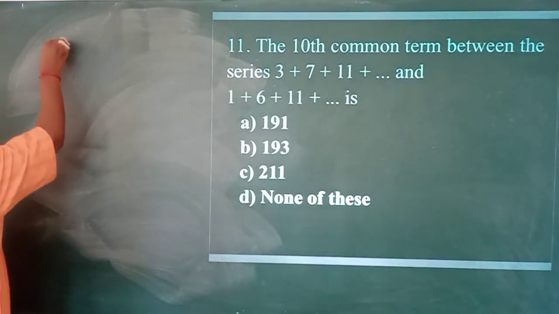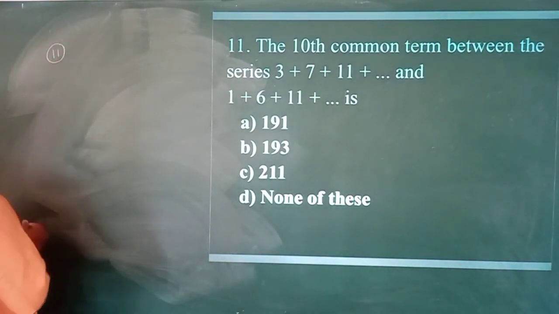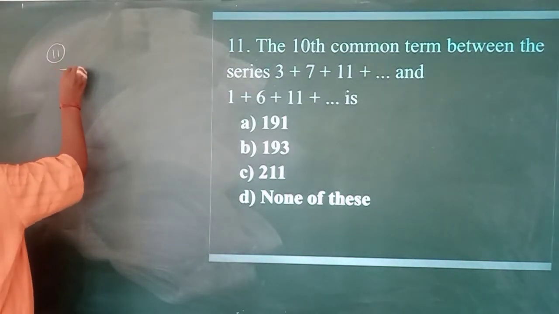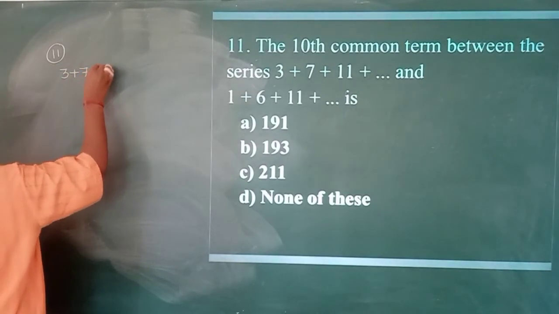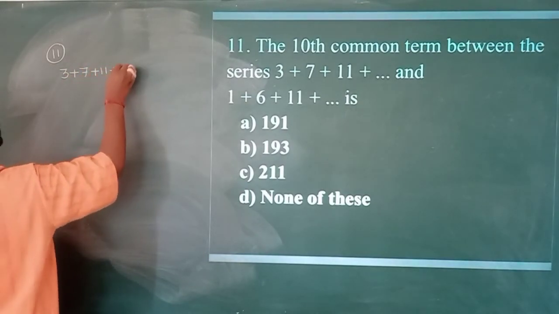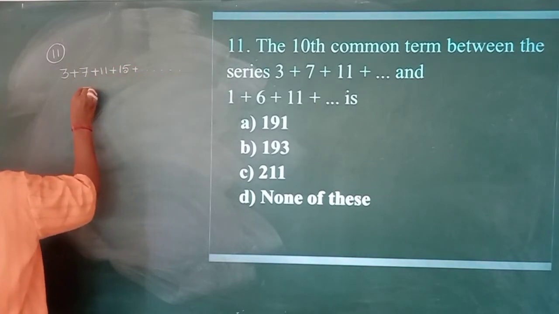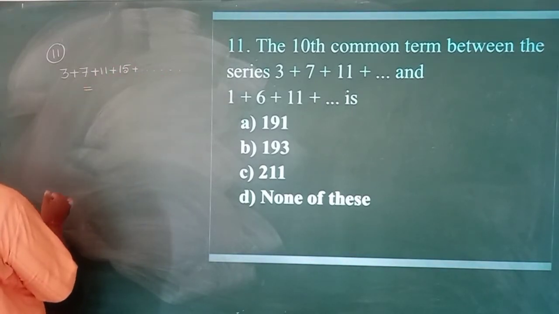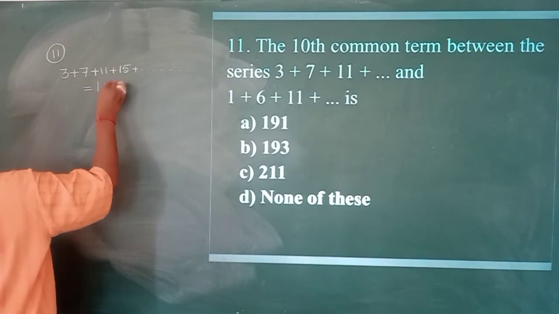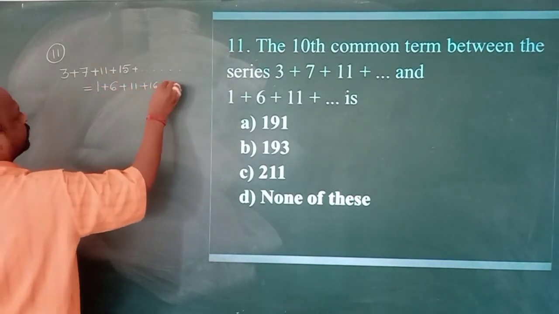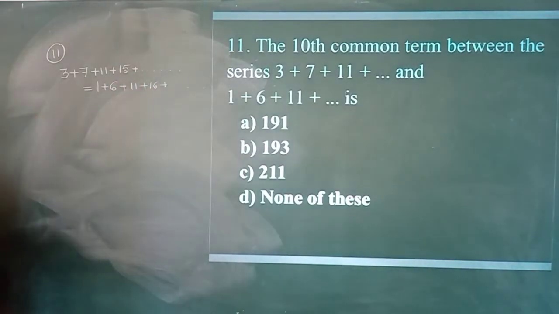Eleventh one. Here 3 plus 7 plus 11 plus 15 and so on, which is equal to 1 plus 6 plus 11 plus 16 plus and so on.